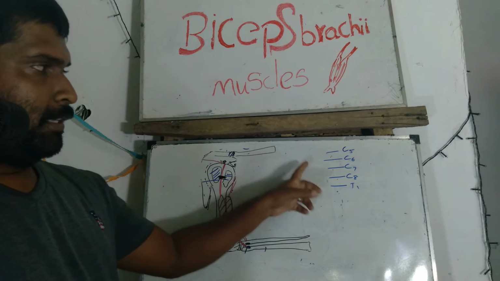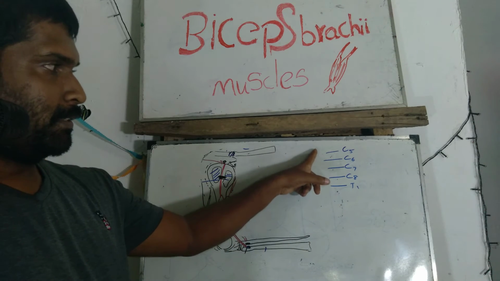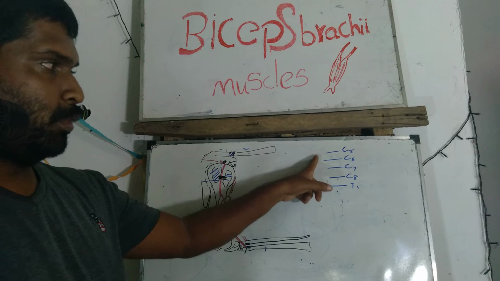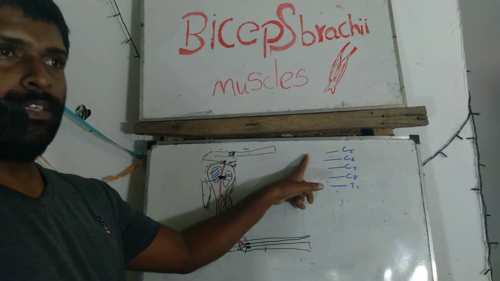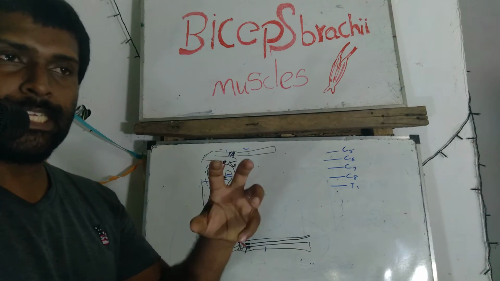Briefly, the brachial plexus goes out to the lateral cord. The lateral cord gives the musculocutaneous nerve.